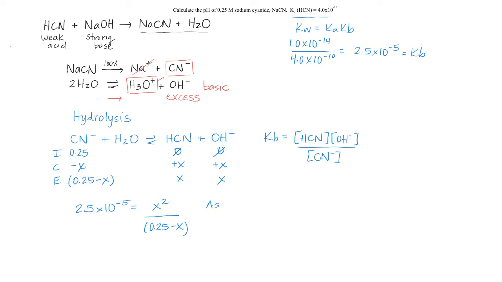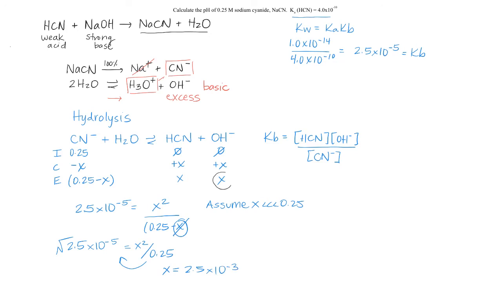Once again, we'll assume that x is much less than 0.25, so we can ignore x in the denominator, making the equation 2.5 times 10 to the minus 5 equals x squared over 0.25. Multiply both sides by 0.25 and take the square root, and we get x equals 2.5 times 10 to the minus 3.